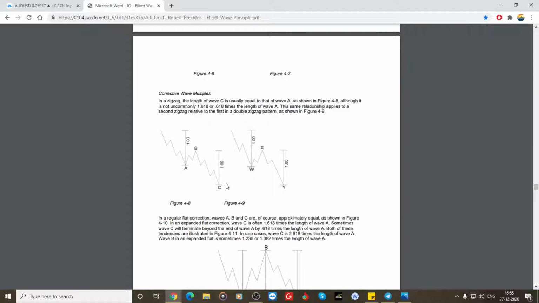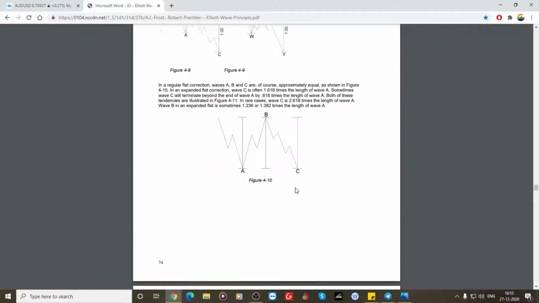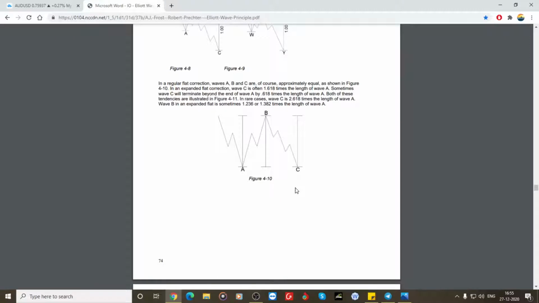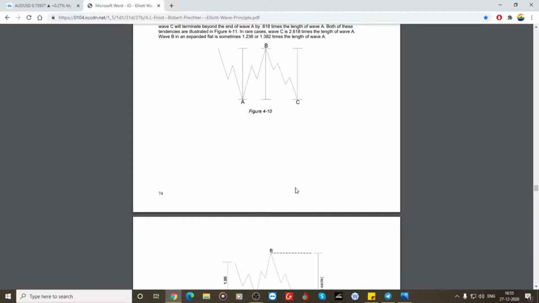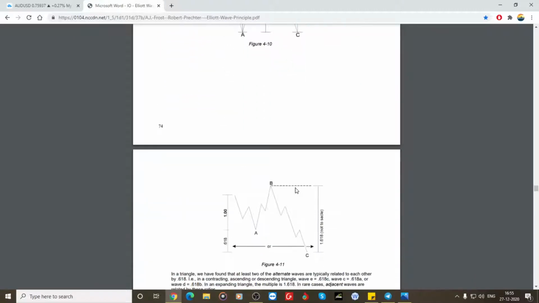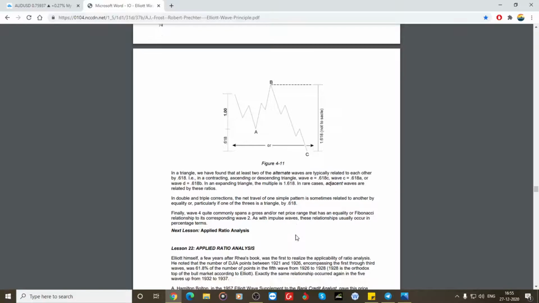It may be equal, see, everything here is only an assumption, just for identification. It doesn't have to happen like this. Applying it in the live market is entirely different from what we read in the book.